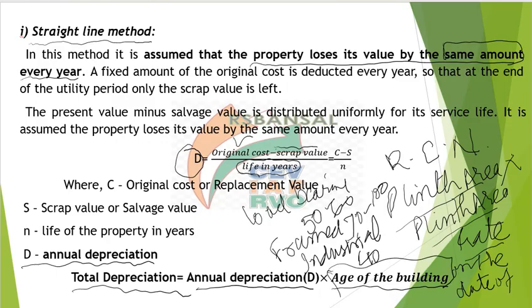You need to know the original cost or replacement cost new minus scrap value, the life of the building, and the age of the building. By using these four things you can find the total depreciation.